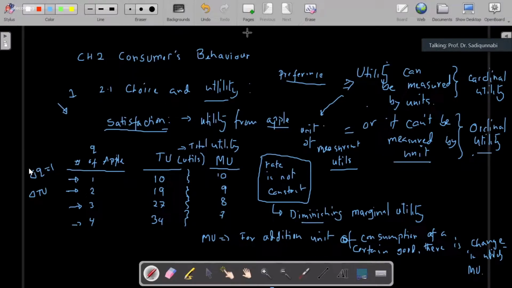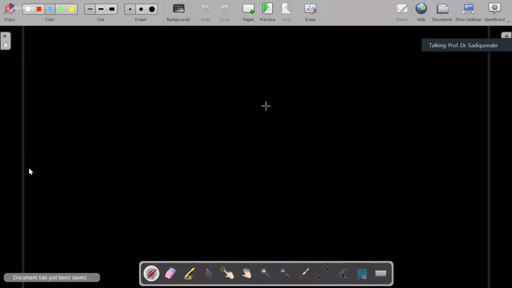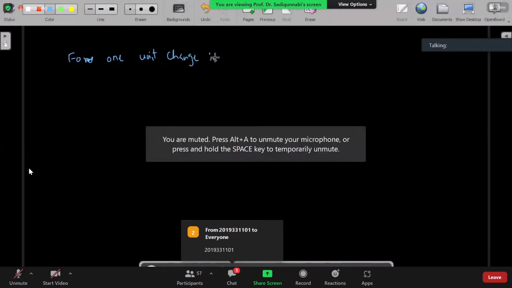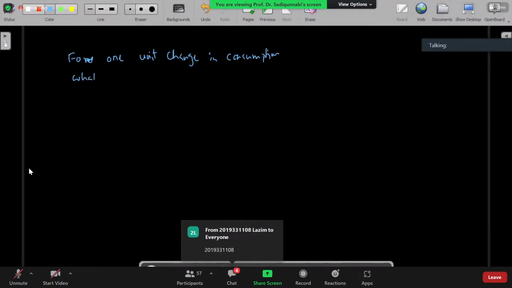That means marginal utility is, for a 1 unit change in consumption, the change in total utility, and this is called marginal utility.